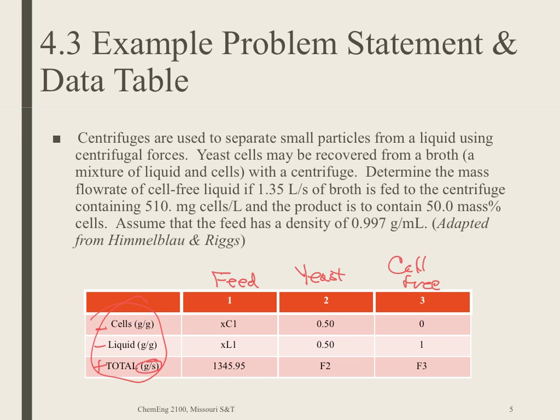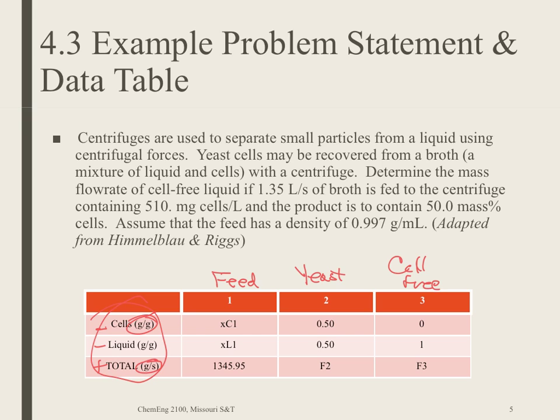That was how I defined the basis. So the total needs to match the basis. But the cells and the liquid, I can choose to have those either in grams per second or grams per gram. In other words, I've chosen mass fractions. Now if I'm using mass for my basis, I want to use mass up here, but I can either choose mass flow or mass fractions.